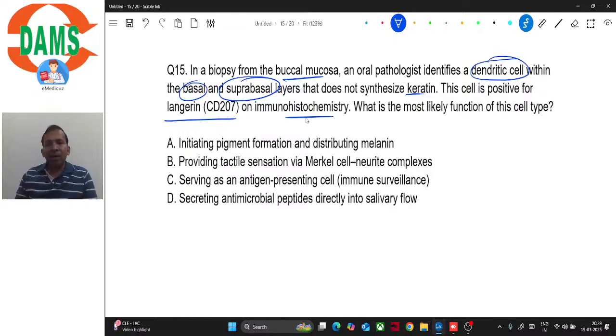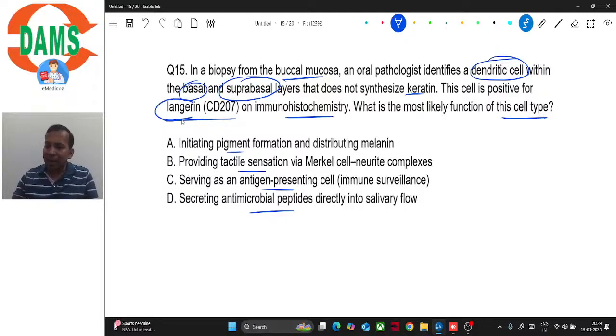So it is positive for Langerin and it does not synthesize keratin. So basically it is a non-keratinocyte, isn't it? What is the most likely function of this cell type? So what would its function be? Options are initiating pigment formation, providing tactile sensation, serving as an antigen presenting cell, or secreting antimicrobial peptides directly into the salivary flow. So what would be the answer here?